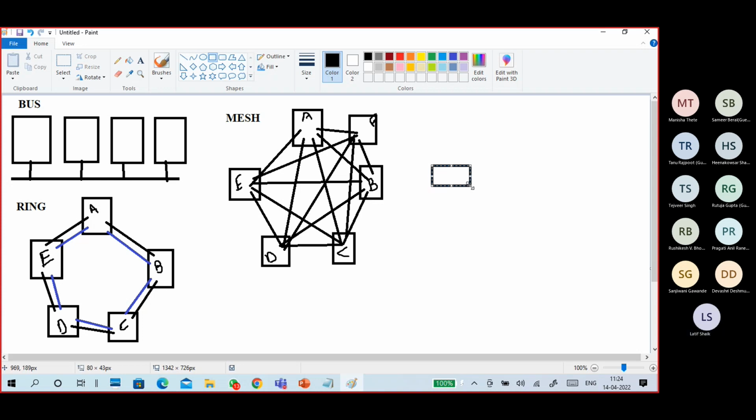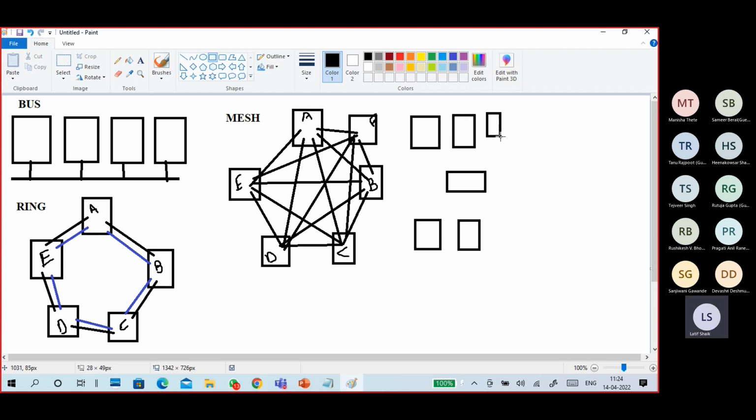Next, this we already discussed. We have a centralized device, and there are devices, meaning our computers, connected to the centralized device. Diagrammatically, it looks like a star. Like a star will glow, right?